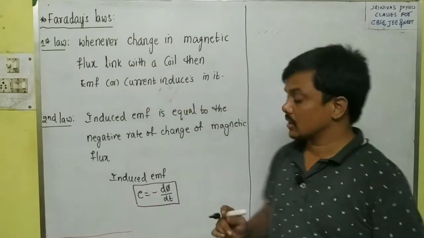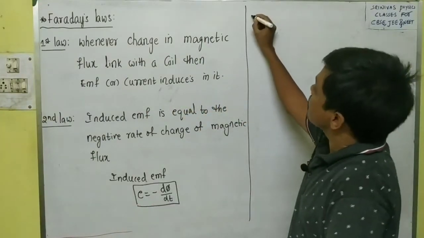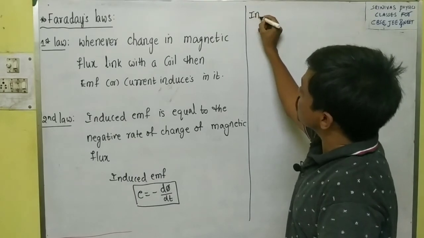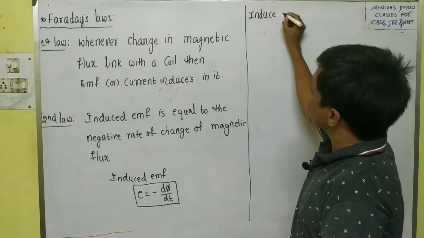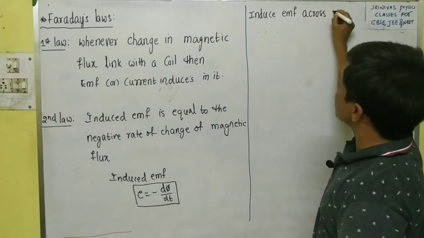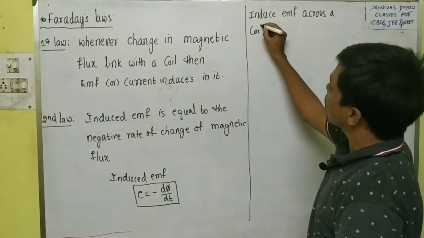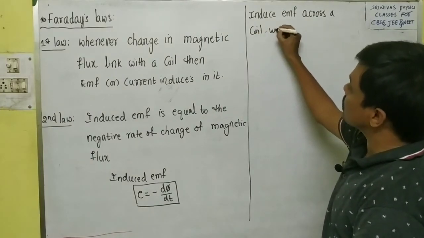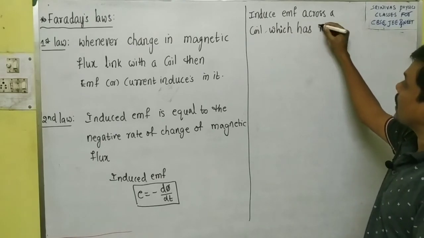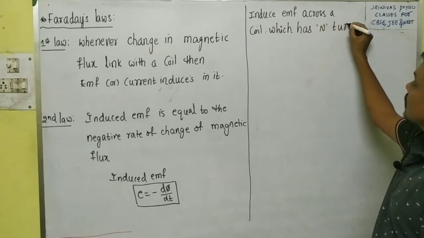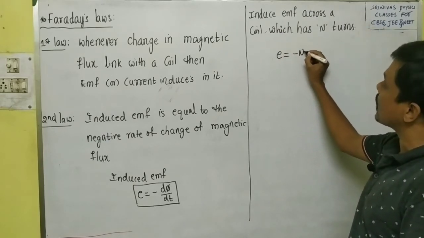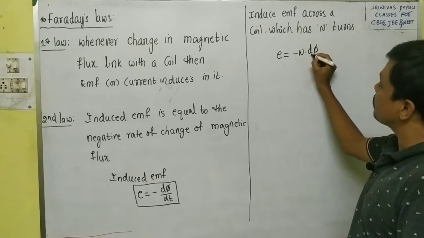And if the coil has capital N turns, then the induced EMF across the coil we write as minus N d phi by dt.